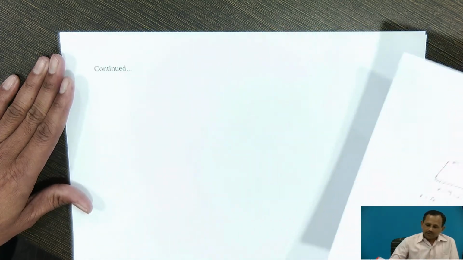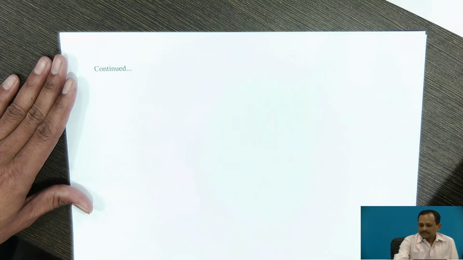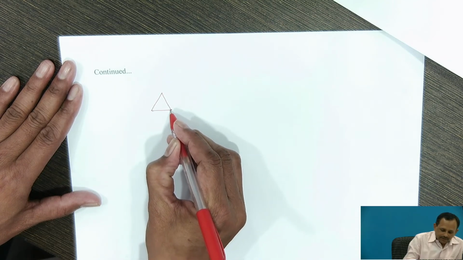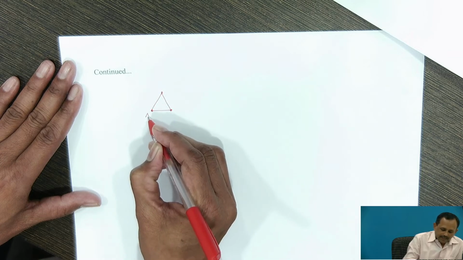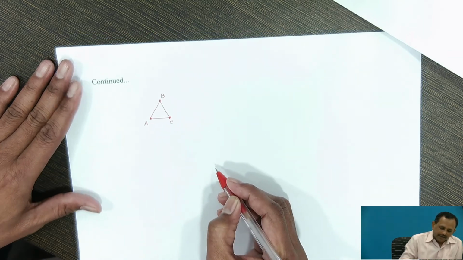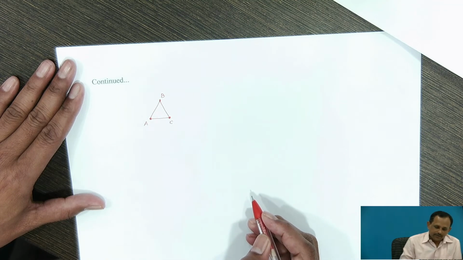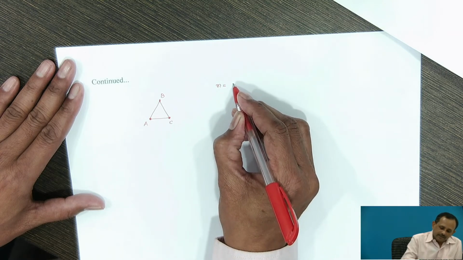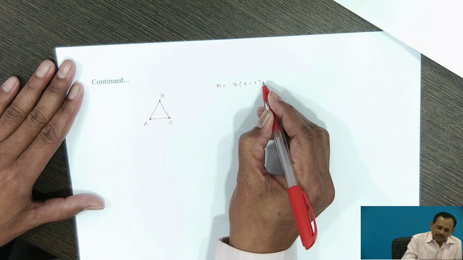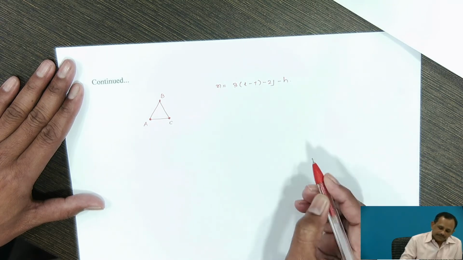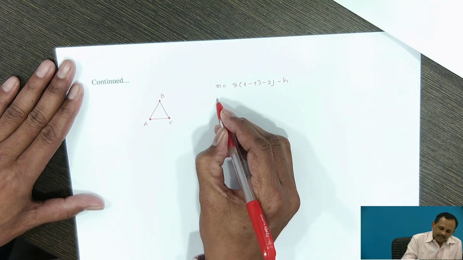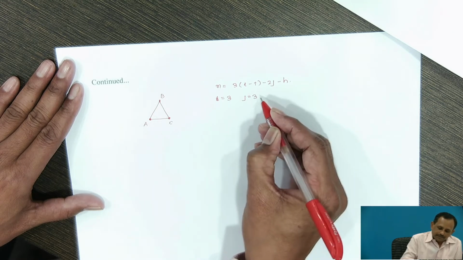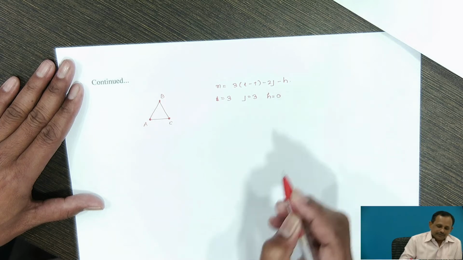Now we will see one more example where three links are connected together at A, B, C. Find out the degrees of freedom by using the Kutzbach criterion. So, Kutzbach criterion to determine the degrees of freedom: N equal to 3 into (L minus 1) minus 2J minus H. So, in this case, number of links L is equal to 3, number of binary joints equal to 3, and higher pair is equal to 0.